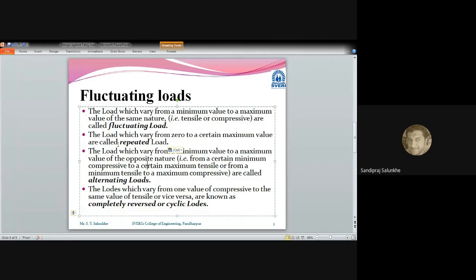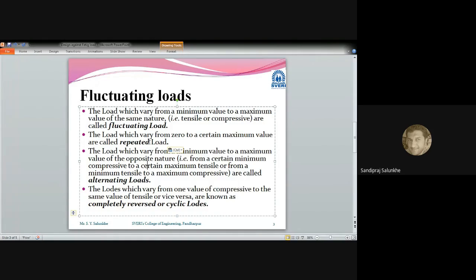So reverted is nothing but the forces or loads which vary from 0 to a certain maximum value. They are called reverted. They are not going to change their direction or their nature.